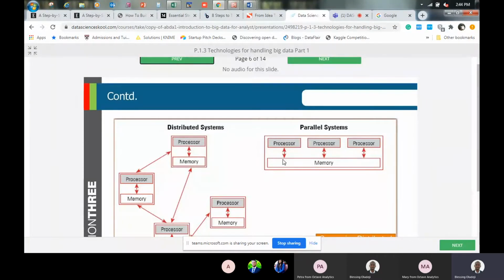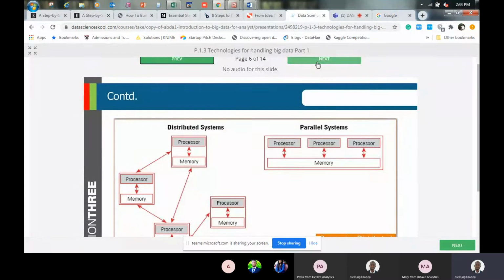That back and forth is also responsible for the latency problem that we identified earlier on. So they came up with the concept of having a memory within the processor. If we have memory inside the processor, the back and forth between the memory and the processor can be significantly reduced.